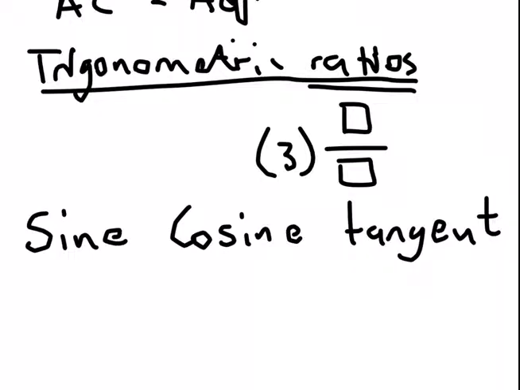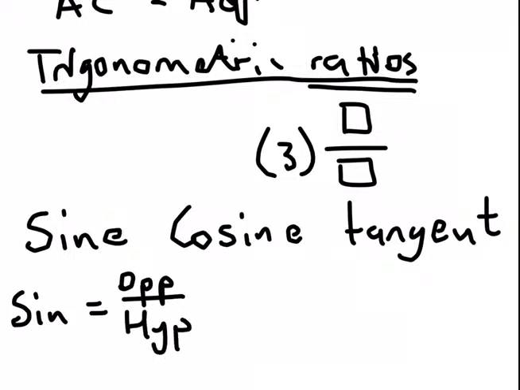So the ratio for sine is opposite side over hypotenuse side. I'm sure by now you know what the opposite side is, you know what the hypotenuse side is.